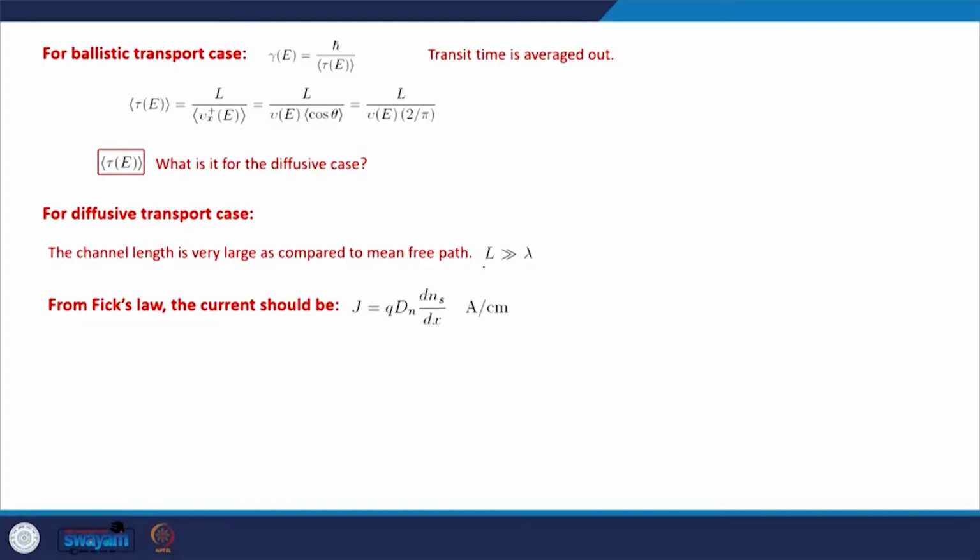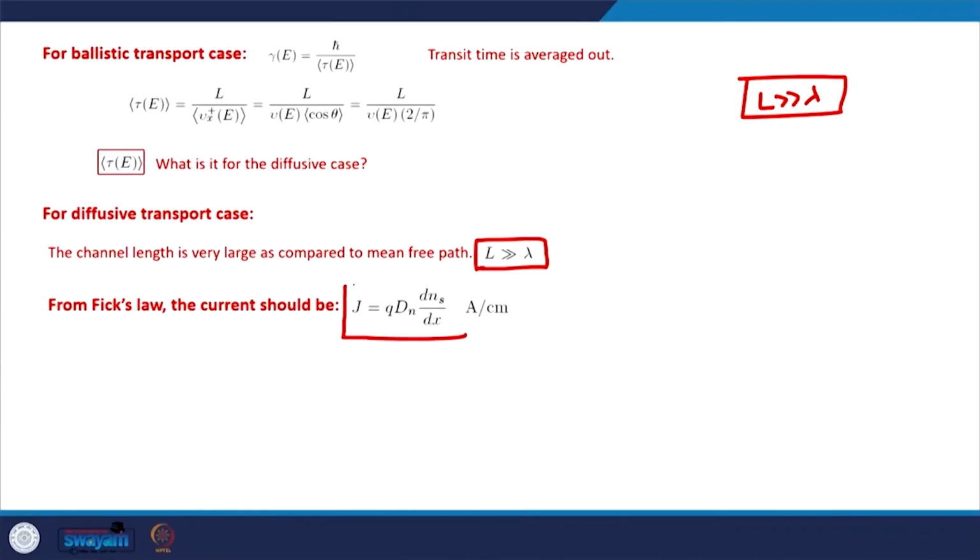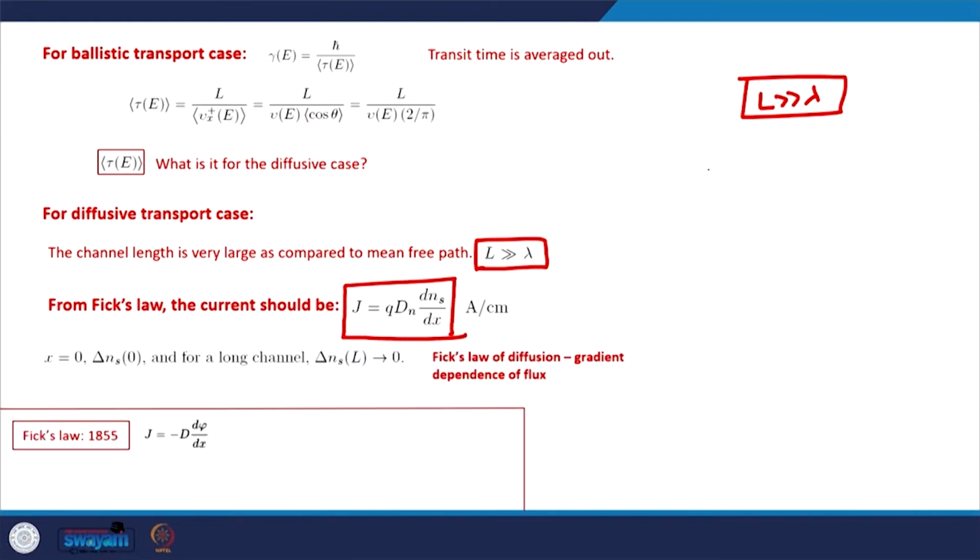In the case of diffusive transport, it is understood that the channel length is extremely large as compared to the mean free path, and Fick's law of diffusion says that when we have something that has a population gradient, that has a high concentration area and a low concentration area, a concentration gradient, in that case, the flux of that thing is given by this expression, or more formally, Fick's law is given as J is equal to minus D times d phi by dx.